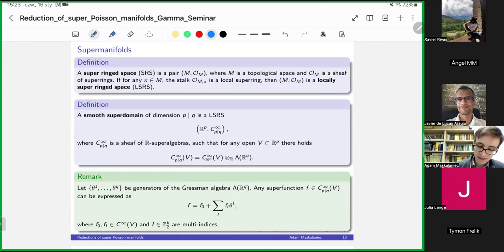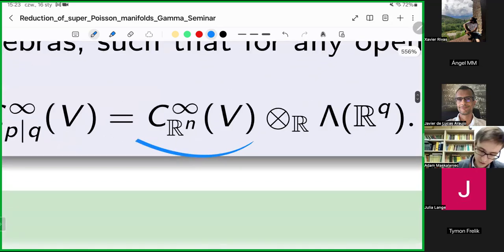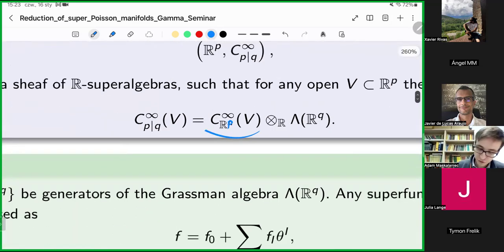We remember that a local model for a smooth manifold was a space R^p together with a ring of smooth functions on R^p. And a local model for smooth supermanifolds will be a topological space R^p together with a sheaf that is a tensor product over R of smooth functions on R^p. I'm sorry, here there is a typo. Here it should be p.